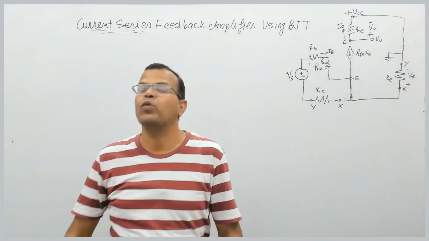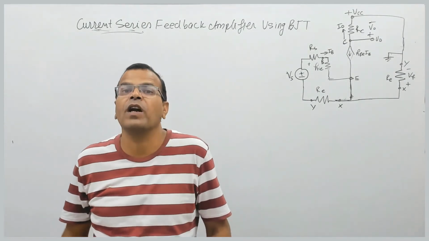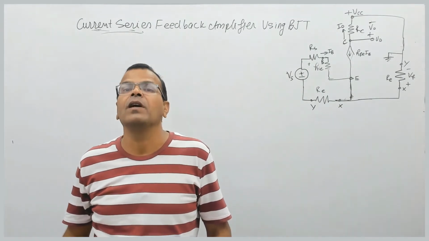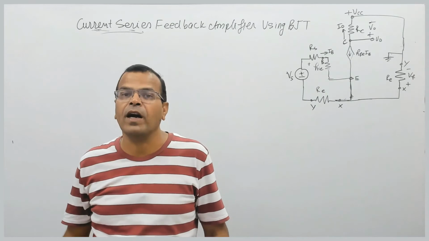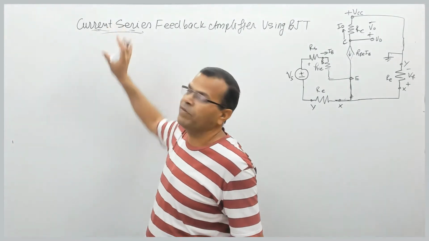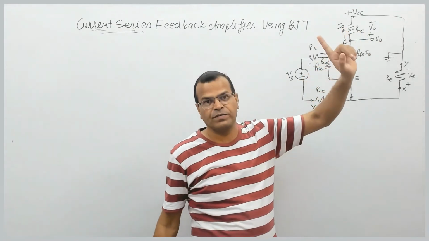In this case, what is the output signal? Current. What is the input signal? Voltage, because we are talking about a transconductance amplifier. In a current series feedback amplifier, the output signal is current and the input signal is voltage. So the output signal is considered to be I0, not V0.